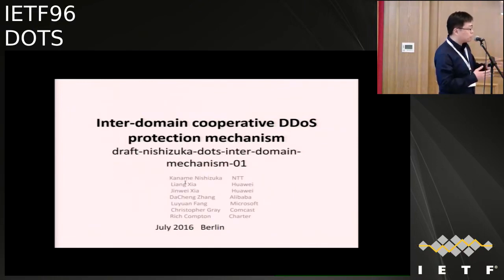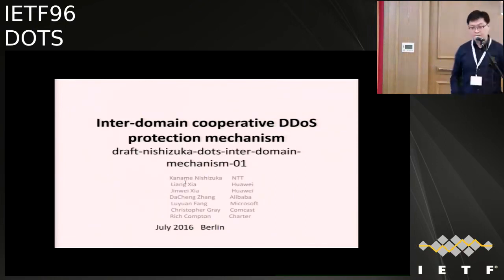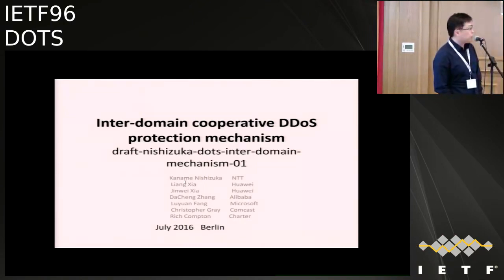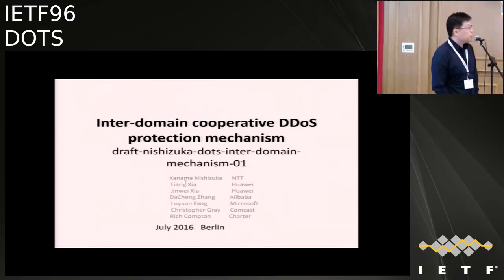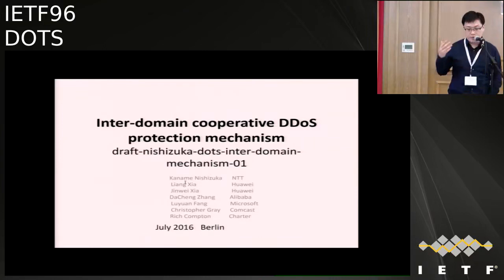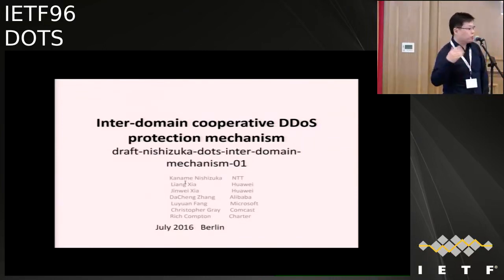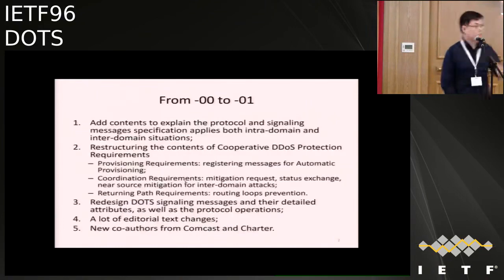Currently it's the 01 version, and I think in the last session, Roman asked us if this draft covers the intra-domain use cases. Actually, we think that this solution just defines the signaling message and its operation among those agents. So obviously it covers both the intra-domain use cases and the inter-domain use cases.